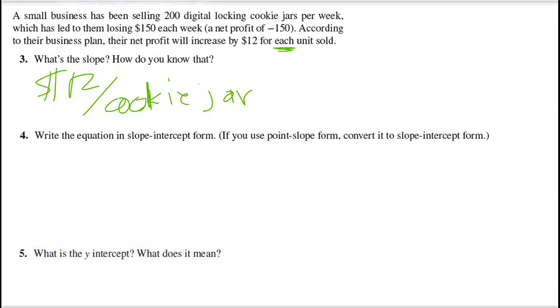Okay. So 2 ways to do this. You can say we have our slope, and I'm going to pick a point. We have our point. Can't pick a point. There's only one. So 200 cookie jars are x. Profit is y, because profit is the dependent variable.